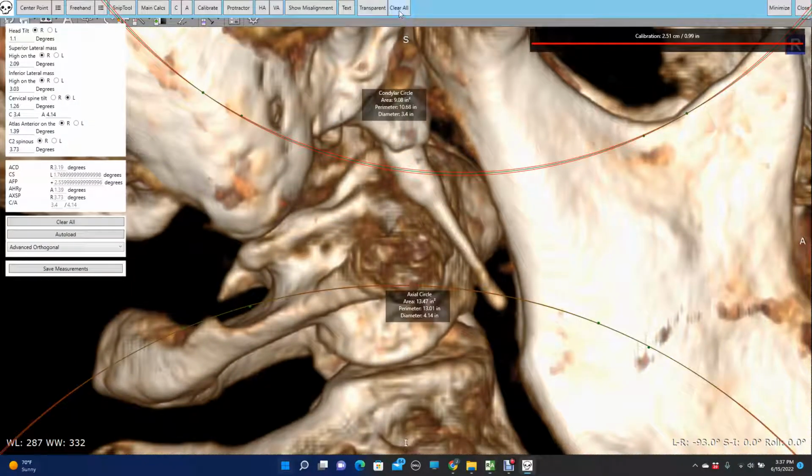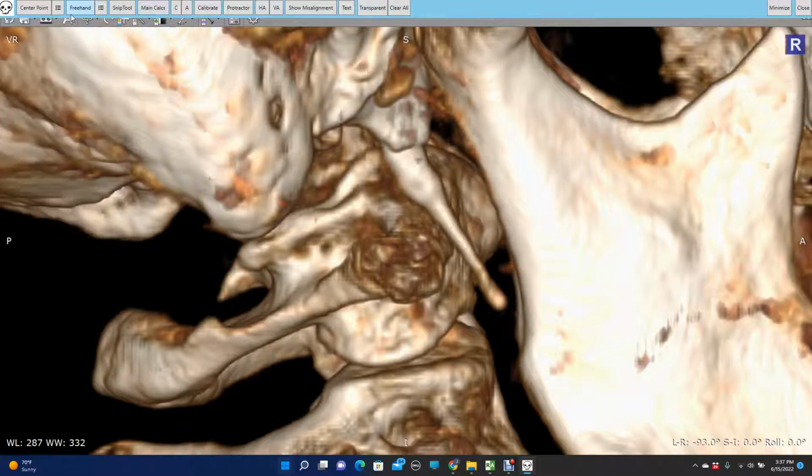Open up snipping for the toolkit and freehand out that mastoid. Freehand that transverse process. And freehand the jaw.